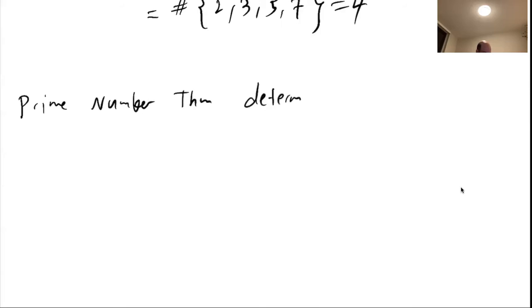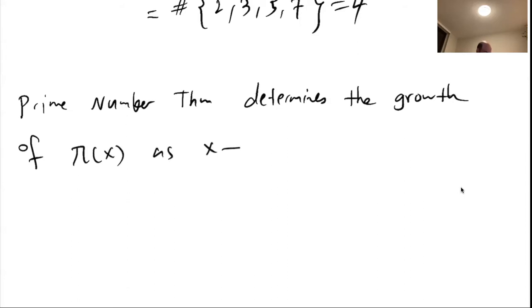The prime number theorem determines the growth of pi of x as x goes to infinity.